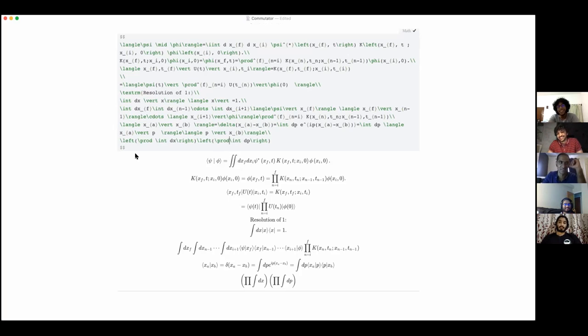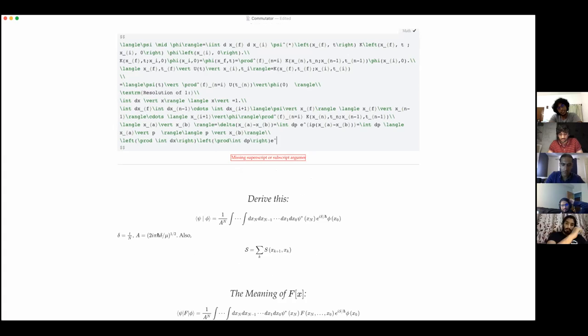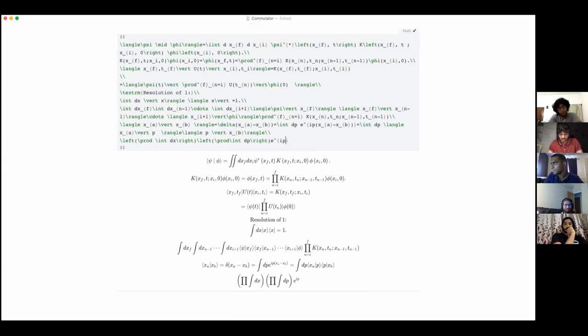And then you have this product. And you have e^{i p_n (x_n - x_{n-1})}. Right, so I have a sum over n.